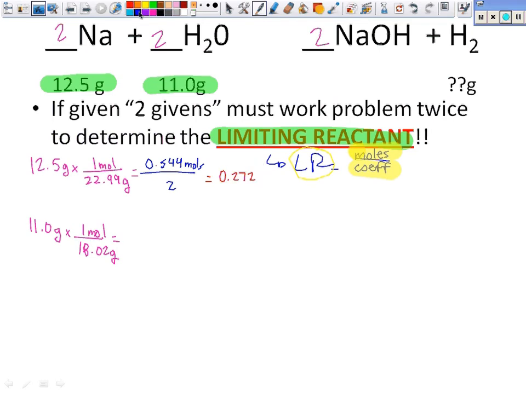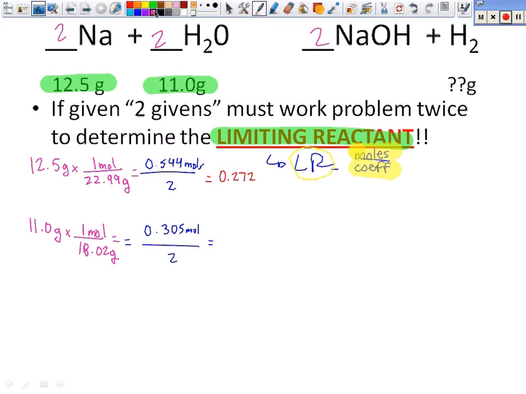All right, and then water, 11 divided by 18.02. I need 3 sig figs. Okay. Now divide that by 2, which is obviously going to be less than the top one.